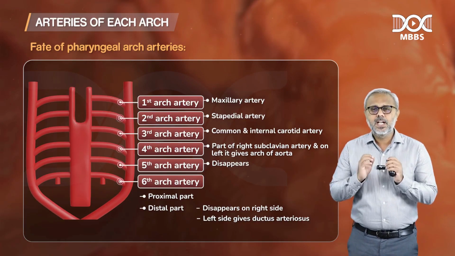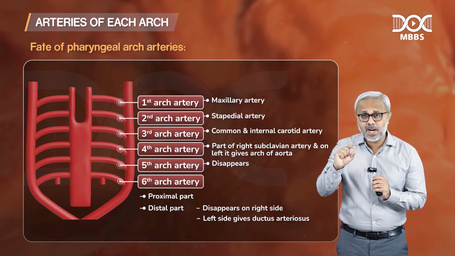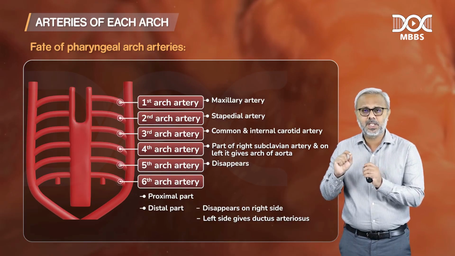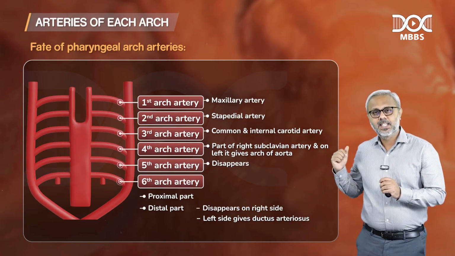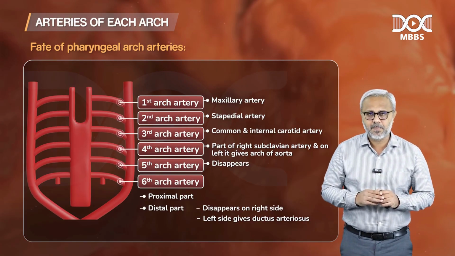Whereas on the left side, it hooks around the ductus arteriosus, which is the derivative of the distal part of the left sixth aortic arch artery, and hence this has a thoracic course and hooks around ligamentum arteriosum.